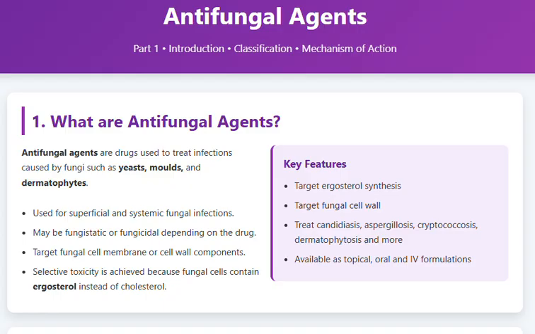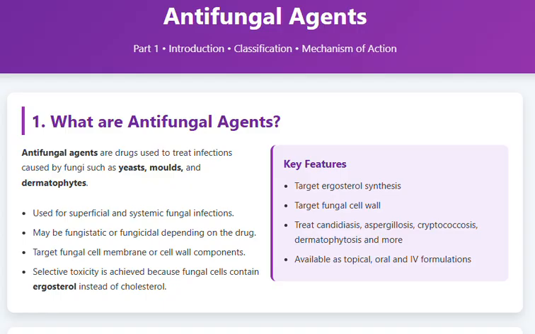Scientists therefore look for structures that are unique to fungi. And one such structure is ergosterol. Human cells contain cholesterol, whereas fungal cells contain ergosterol. This single difference is the reason why most antifungal drugs work. Remember this point carefully. It is one of the most commonly asked questions in JNTU examinations.